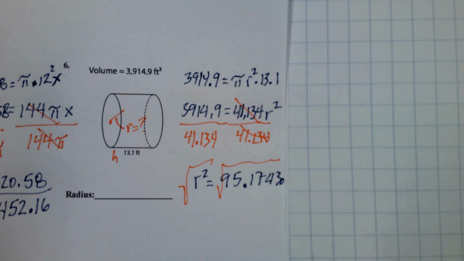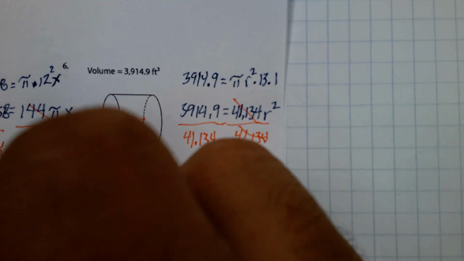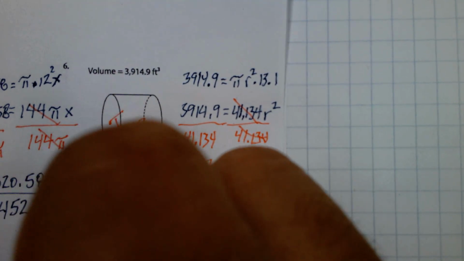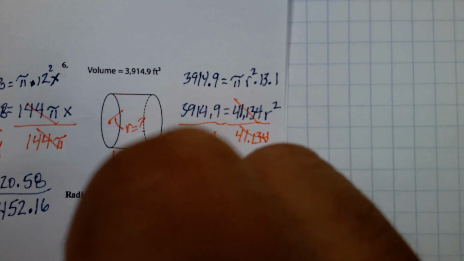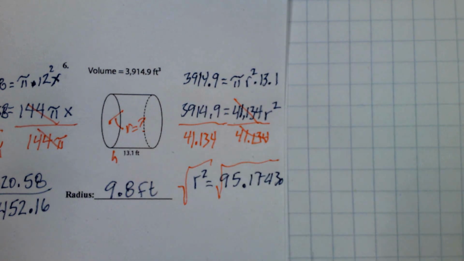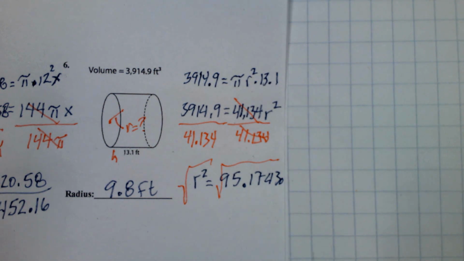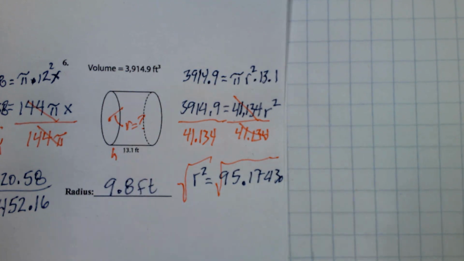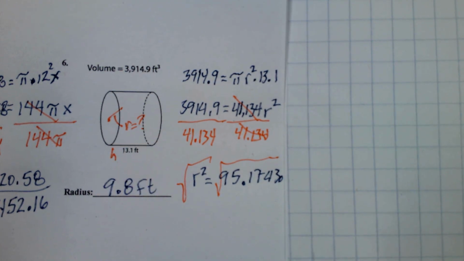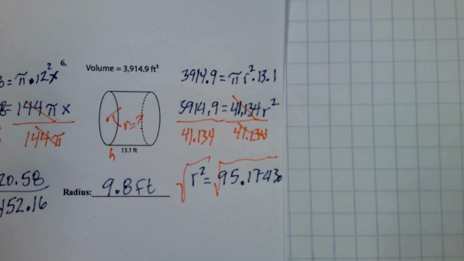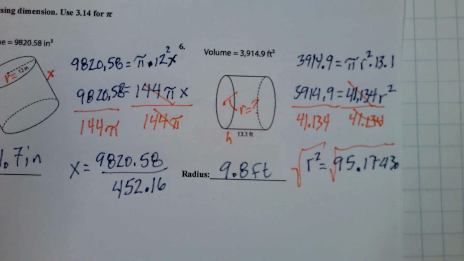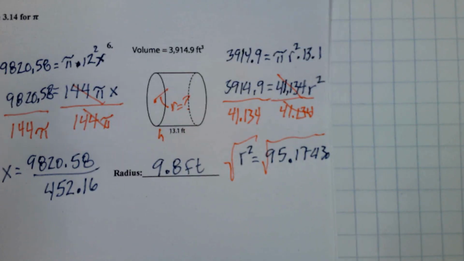So the radius is 9.8 feet. Okay, all right. No, well, this is just the length. If it was the volume, yeah, that would be cubic. But this is a linear dimension, yeah, right? It's one dimensional. So these are in inches or feet.